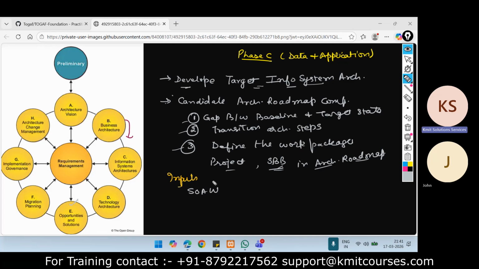Because that is something we need to do from the architecture point of view, by knowing the baseline and target architecture, the target business architecture, which is from B, then the architecture vision, then the architecture principles, which are defined in the preliminary phase, policies, and constraints.